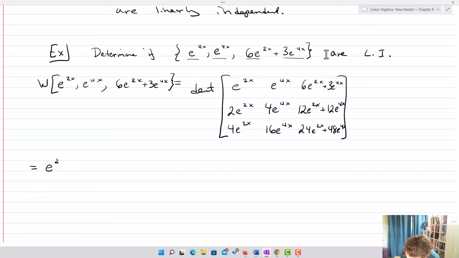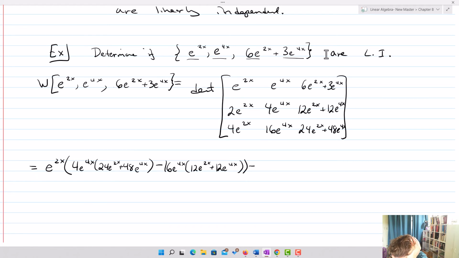It's going to be e to the 2x times 4e to the 4x times 24e to the 2x plus 48e to the 4x, minus 16e to the 4x times 12e to the 2x plus 12e to the 4x.